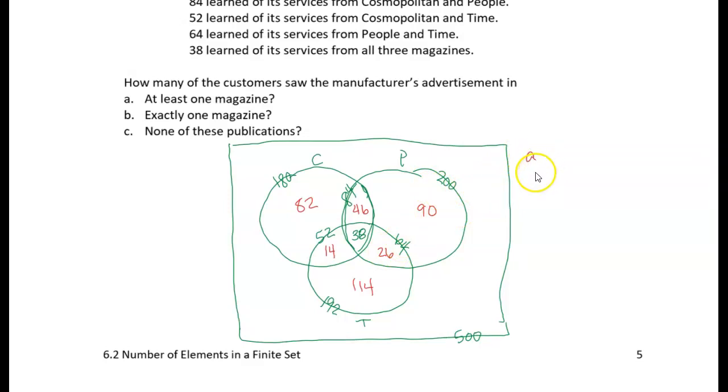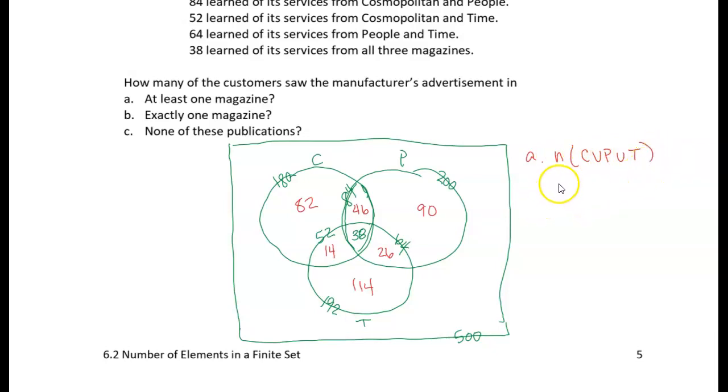So part A, all of these people in all three circles learn from at least one magazine. Some of them learned from multiple magazines, but all of the people within the three circles learned of the service from an advertisement in at least one magazine. So basically what they're asking for is the number in the union, C union P union T. Okay, and so I could write it like that.